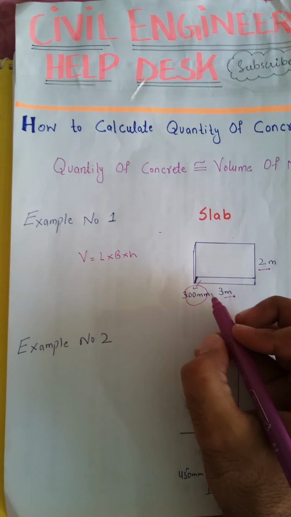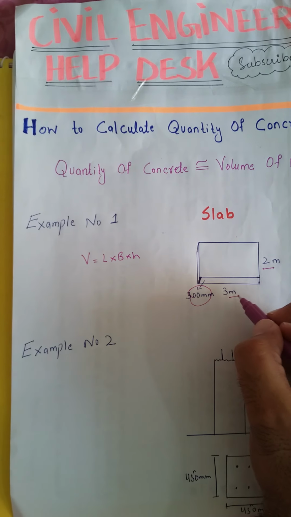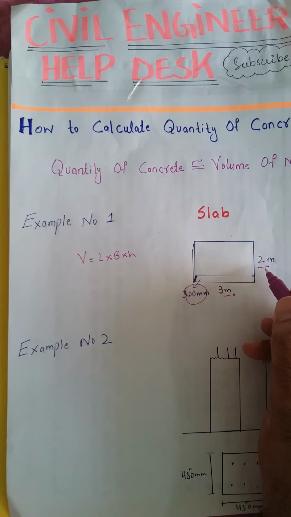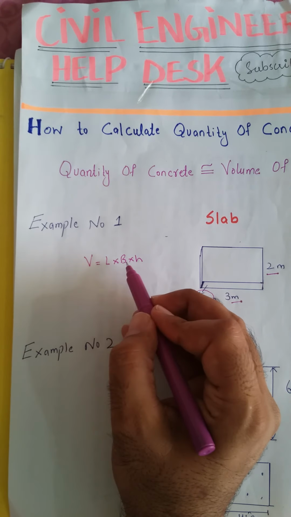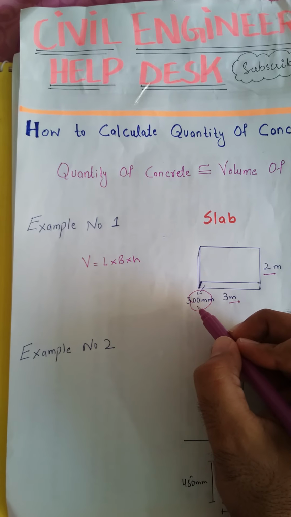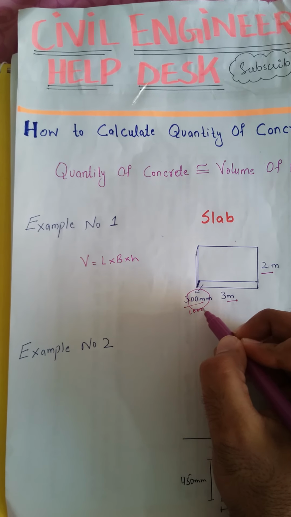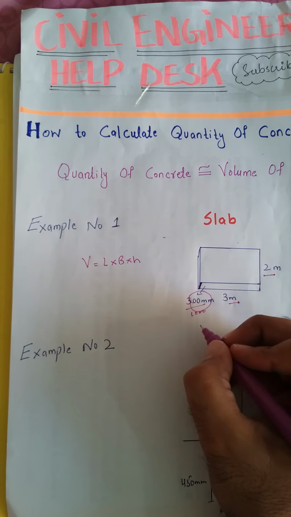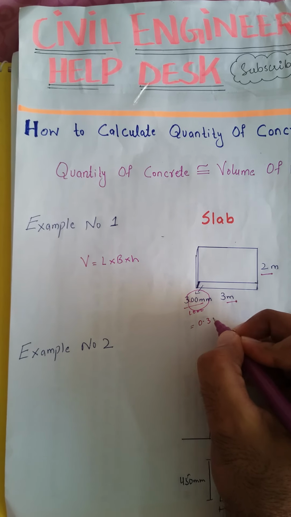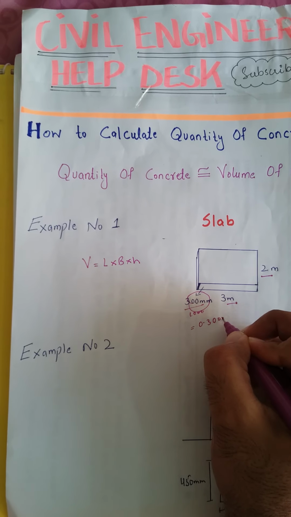First of all, we convert 300 mm into meter because length and width are in meter, so all three units must be the same. We convert millimeter to meter by dividing by 1000. When we divide 300 by 1000, it will come 0.300 meter.